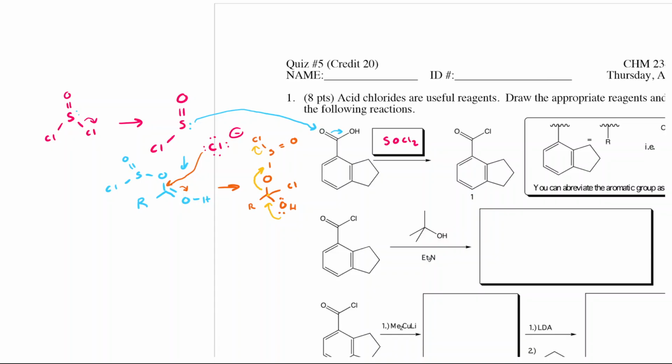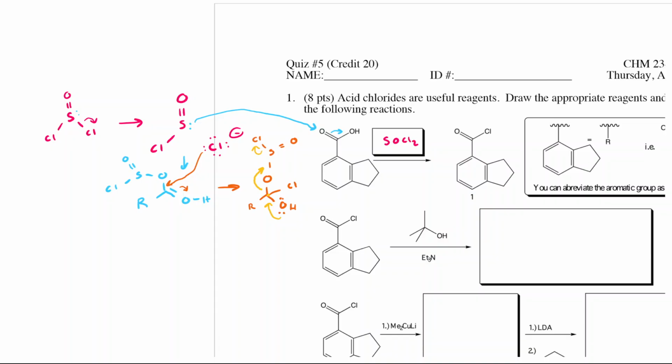Or it might be a little better to think of it as the oxygen is going to attack the central carbon to reform the carbonyl bond, which then pushes out the OSOCl, right?